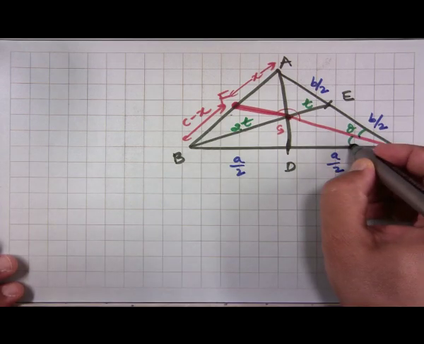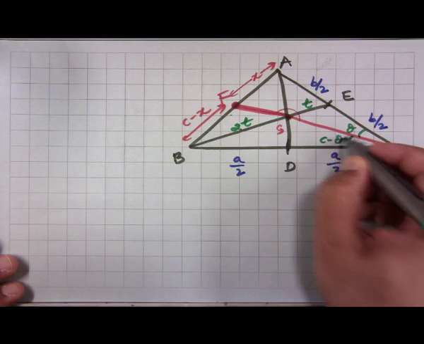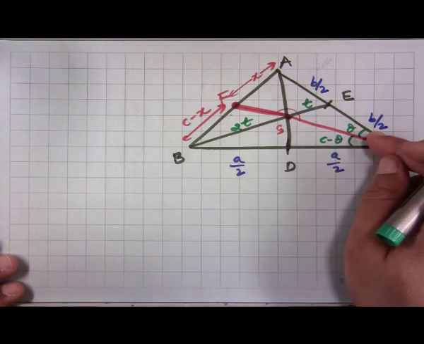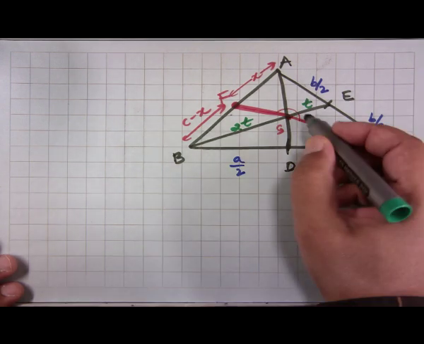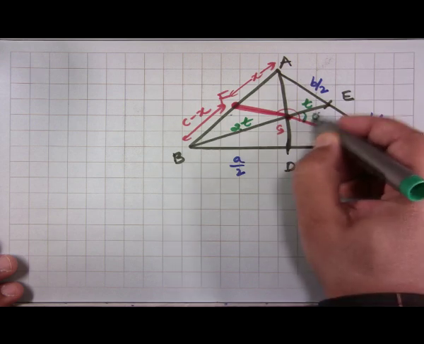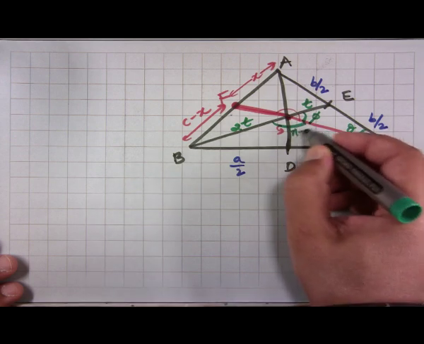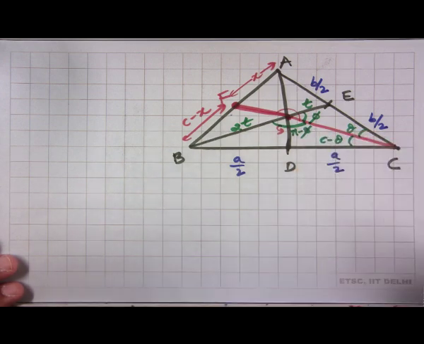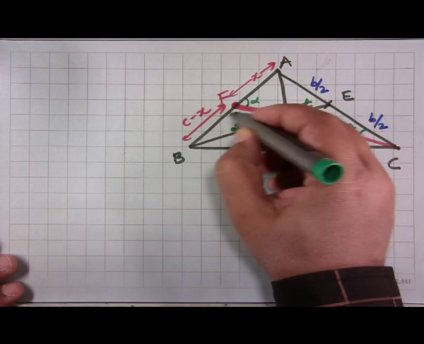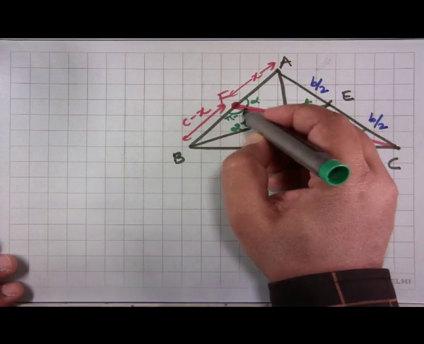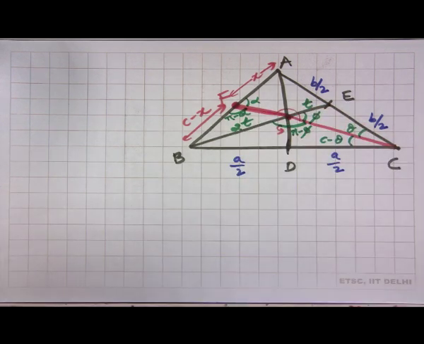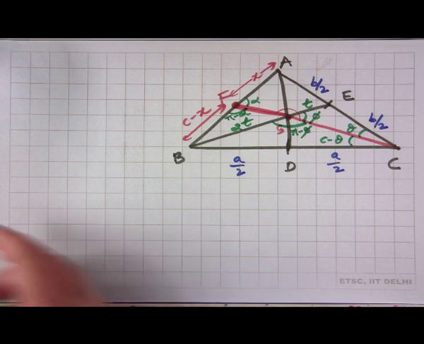Then naturally this angle turns out to be C minus theta, because this entire angle is C. And if this angle is phi, then this other supplementary angle will be pi minus phi. And let this be alpha and pi minus alpha.